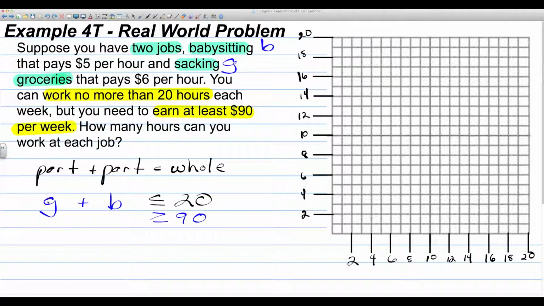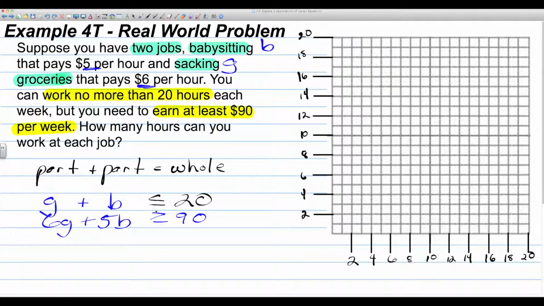Well, how much money do you make sacking groceries? You make $6 per hour. So that's going to become 6G. And the B, since you make $5 per hour, is going to become 5 times B. 6 times the number of hours you sack groceries plus 5 times the number of hours you babysit has to be greater than or equal to $90.